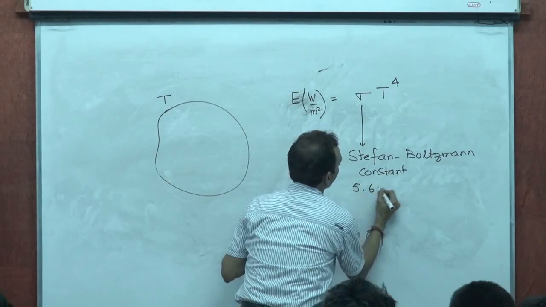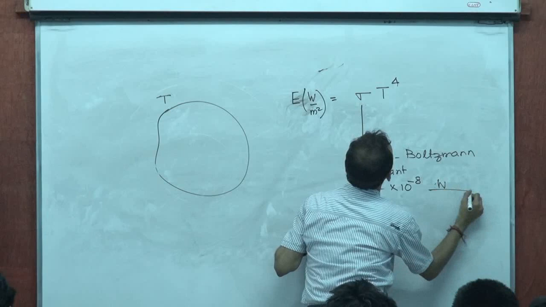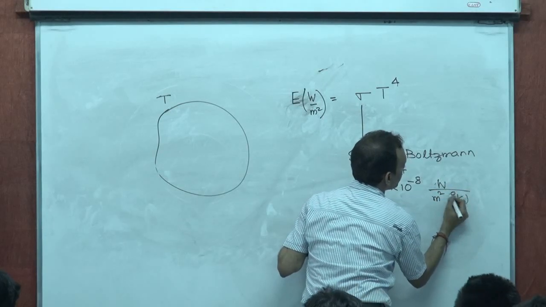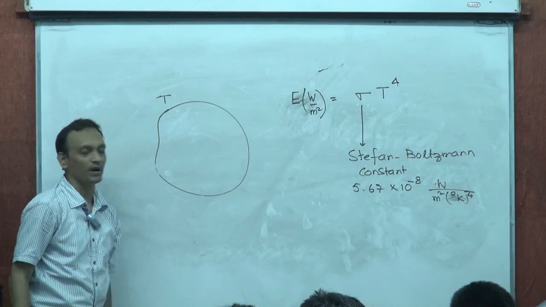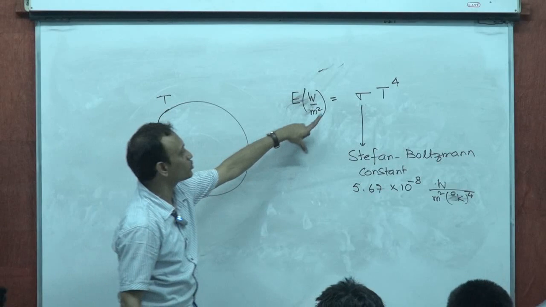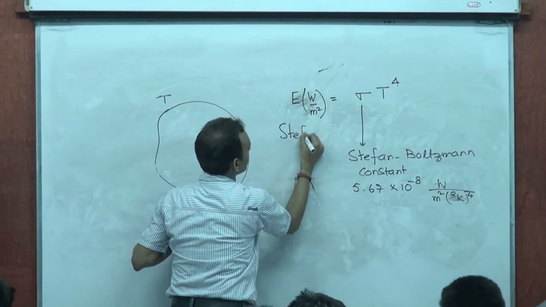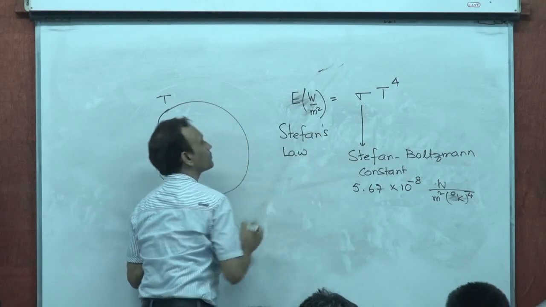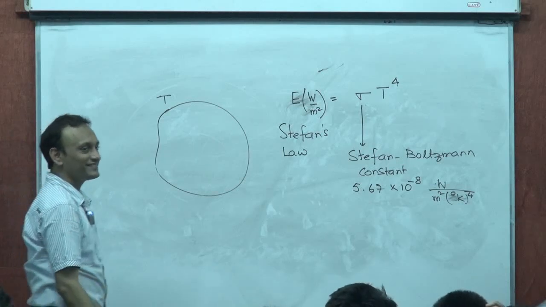Its value is 5.67 into 10 to the power minus 8 watts per meter squared per degree Kelvin to power 4. That's the Stefan-Boltzmann constant, and this is called Stefan's law. In fact, it's the Stefan-Boltzmann law.